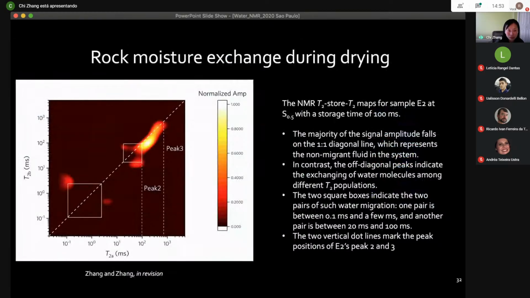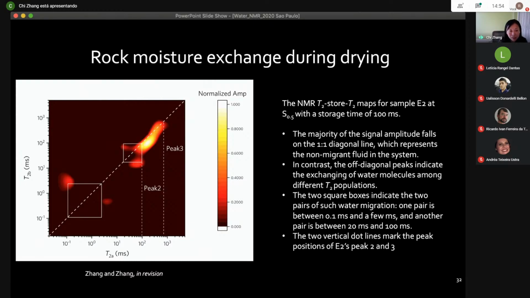Next, we also did these T2-T2 measurements for some of the samples. Here I only show one example, sample E2 at 50% saturation, with a storage time of 100 milliseconds. To give you a little background, this measurement is designed to detect any chemical shift of a proton and monitor the exchange of water among different pore environments.